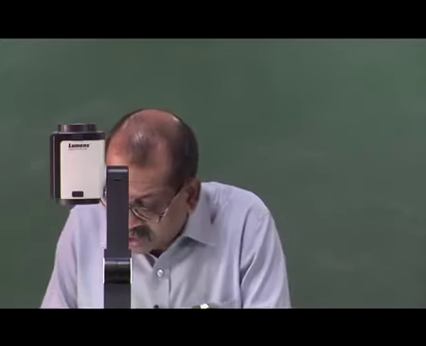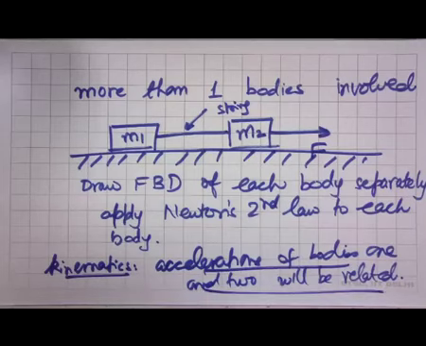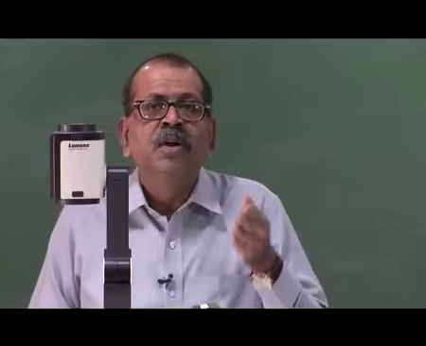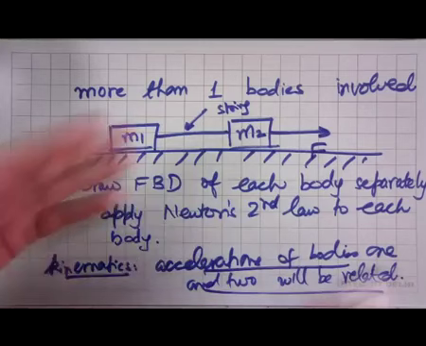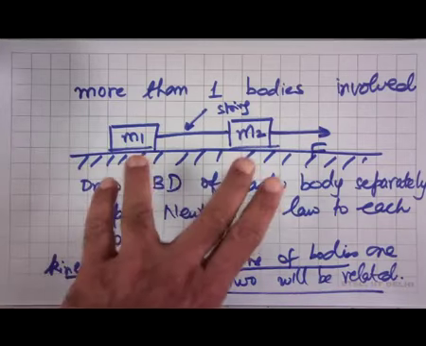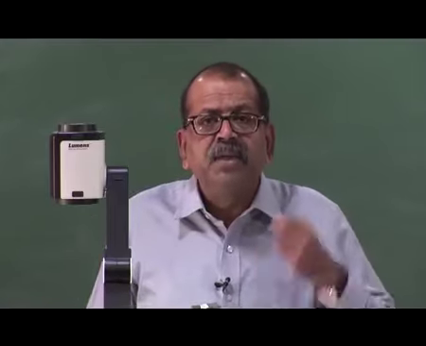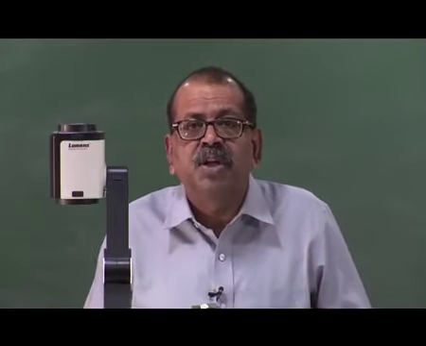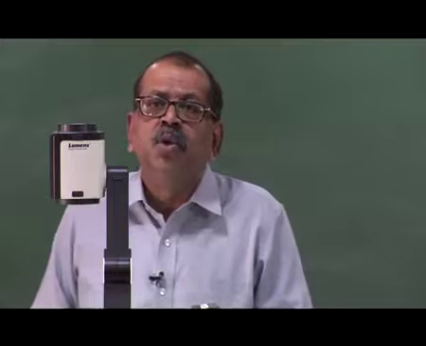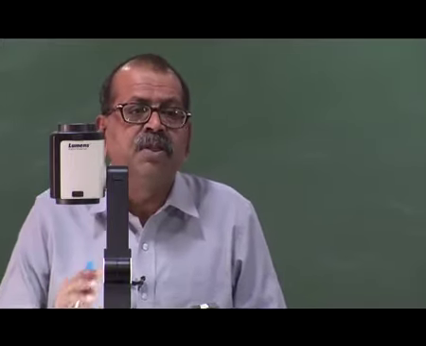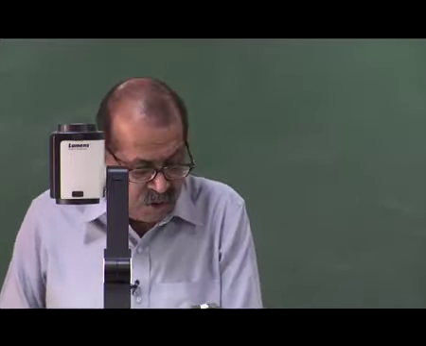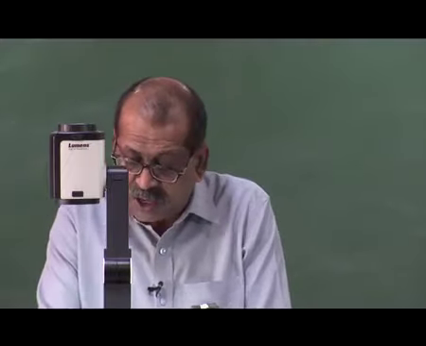So, these sorts of relations between accelerations are what you will have to look for in problems. In simple problems like this one, the accelerations of m1 and m2 are equal, but there may be more complex problems where the accelerations of body 1 and body 2 will not be equal, but there will be some relation, and we will look at some of these problems, not today, maybe in 1 or 2 classes from now.